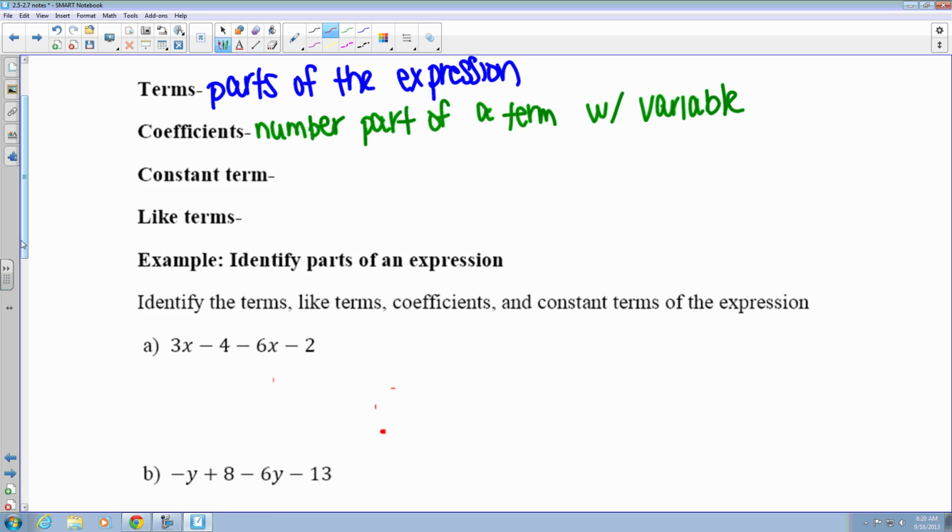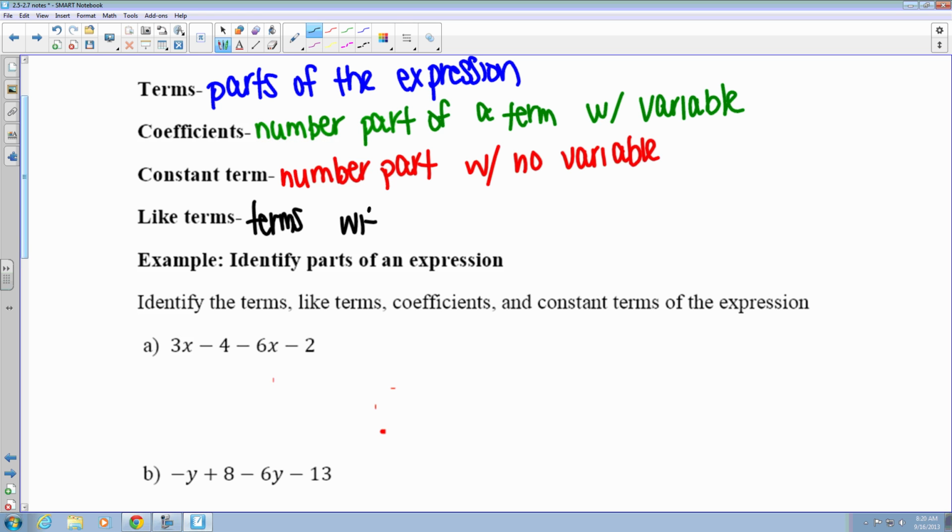The constant is the number part with no variable, so when it's just a number by itself. And like terms are terms with the same variables.